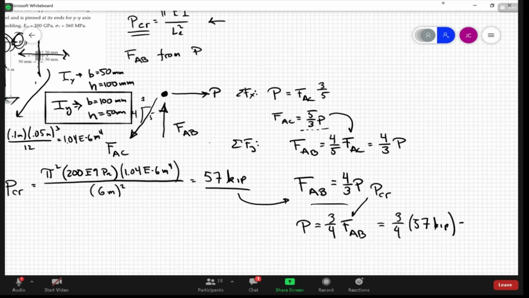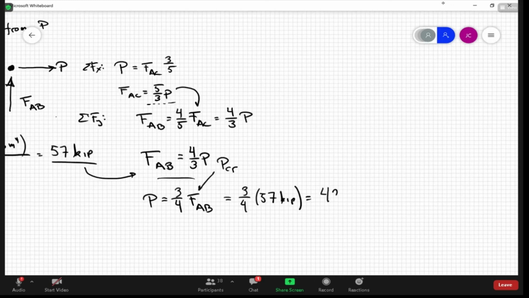And that is 42.7. All right. So that's when it would actually fail due to buckling.